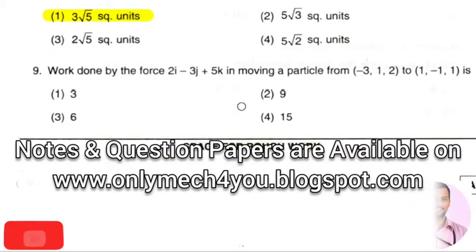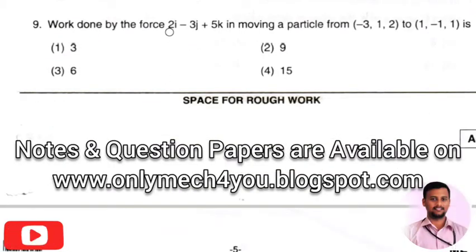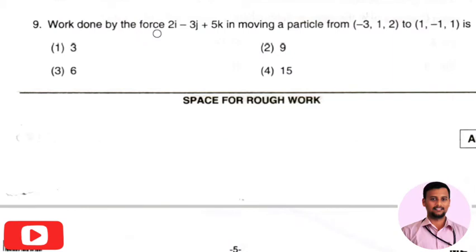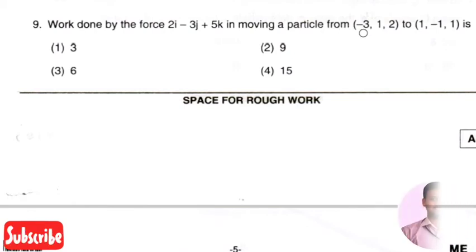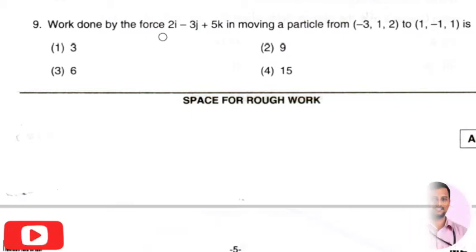And the next question is the work done by the force 2i minus 3j plus 5k in moving a particle from 3 comma 1 comma 2 to 1 comma minus 1 and 1 is. So in this one the force is given in vector form, and we need to identify the work done when the particle moves from one position to another position.